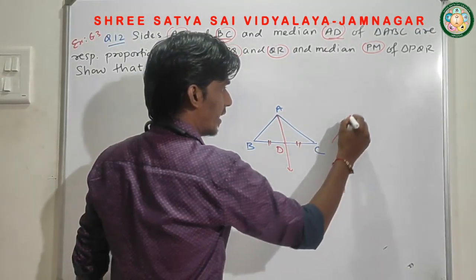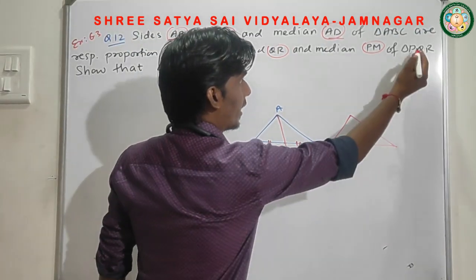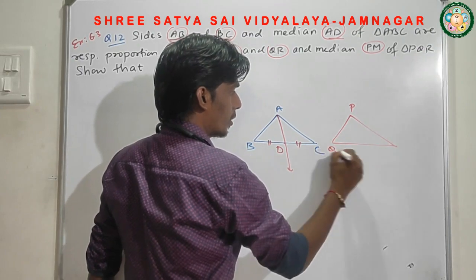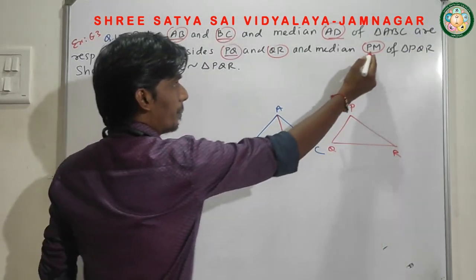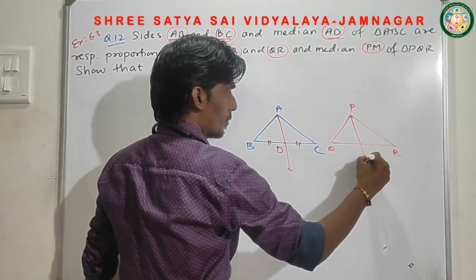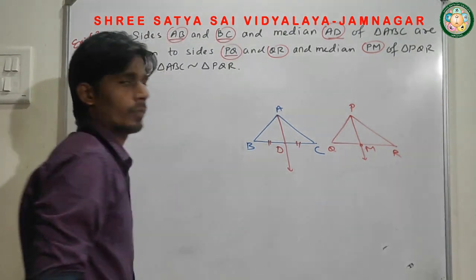So one more triangle is there, triangle PQR. Say this is PQR. So what is the median here? PM is the median.